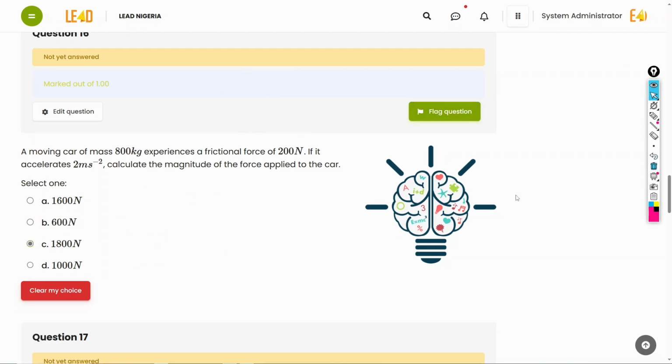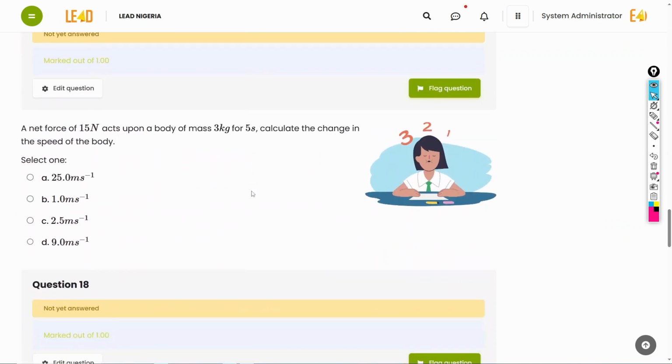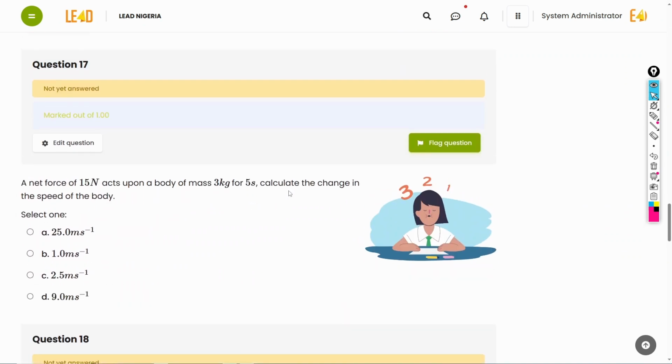That's option C. Question 17 says a net force of 15 newtons acts on a body of 3 kg for 5 seconds. Calculate the change in speed of the body. For this, we can use impulse.